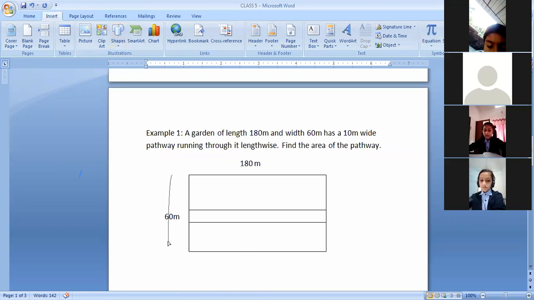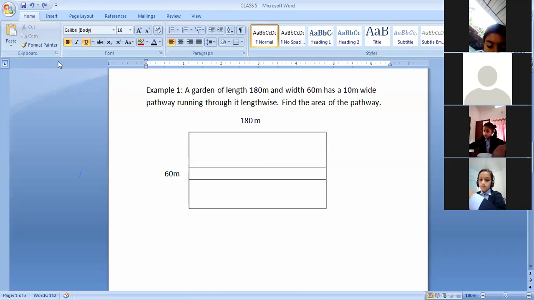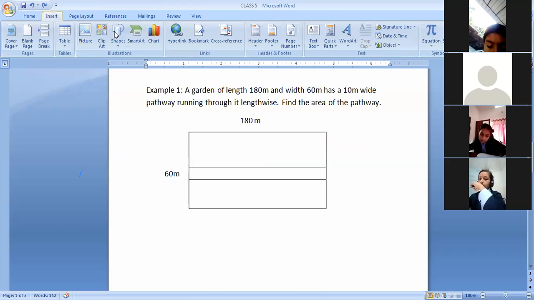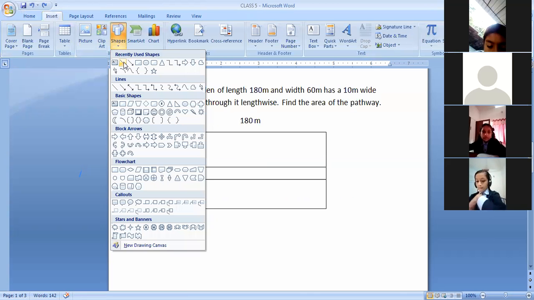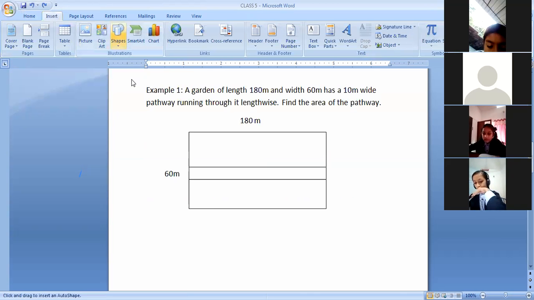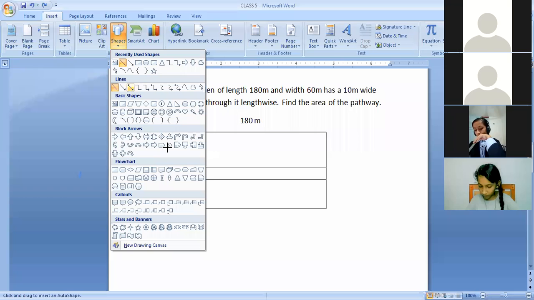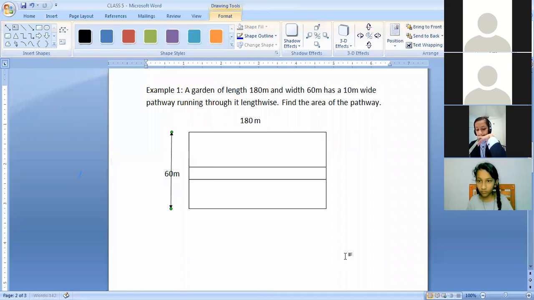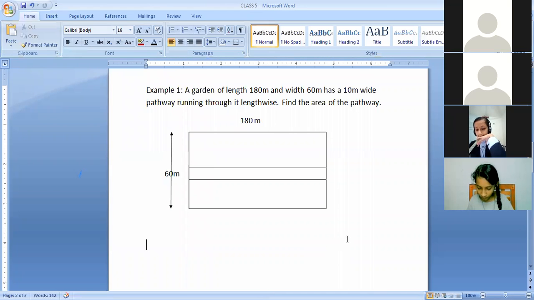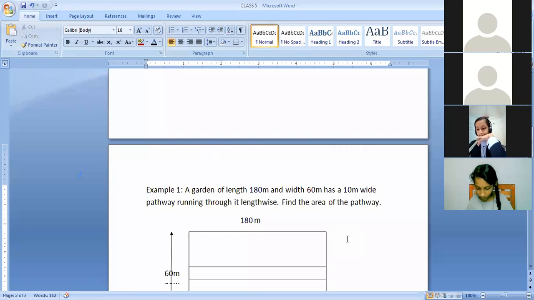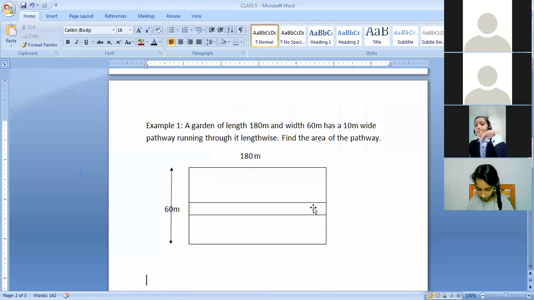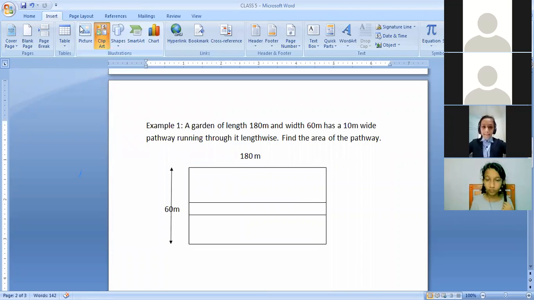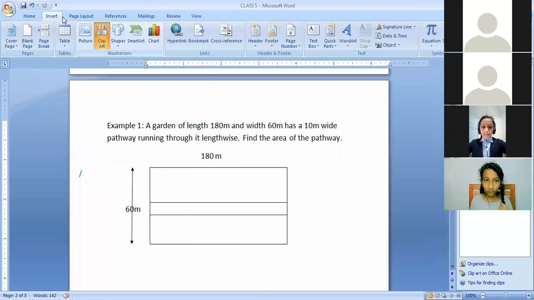Wide pathway. That's not clear. Please say it again. Wide pathway. That 10 meter is the wide pathway.